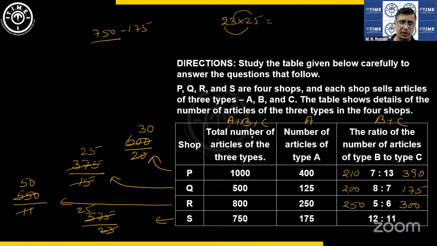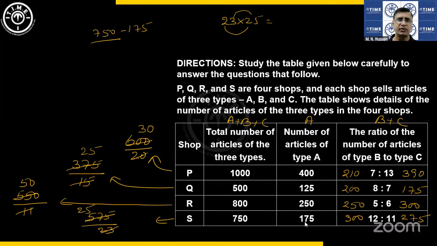So 12 into 25 is 300. 11 into 25 is 275. By adding these two, we get 575. The number of articles in shop P: A is 400, B is 210, C is 390.